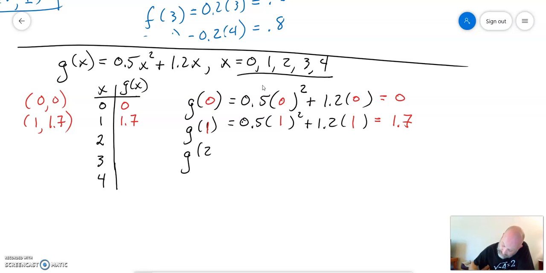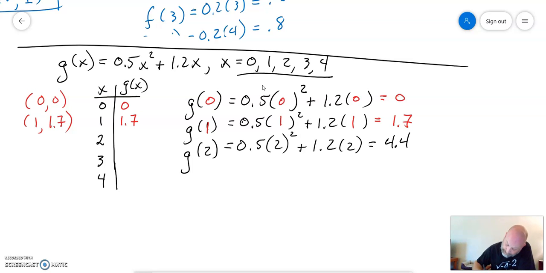Then g of 2 is the next one. That's 0.5 times 2 squared plus 1.2 times 2, and if I work that out, I end up with 4.4.